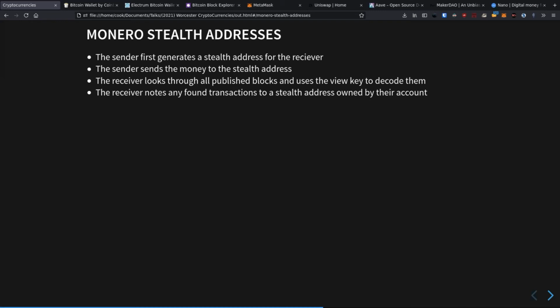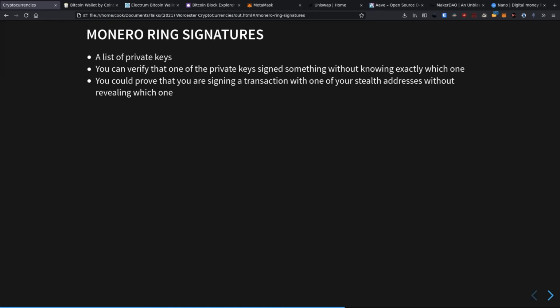The receiver looks through every block that has been published and can use the view key to decode it. And if it successfully decodes, they will be able to see the stealth address and the private key, and they will then be able to spend that money. And they will note that and keep track of that, so they know which stealth addresses they own.